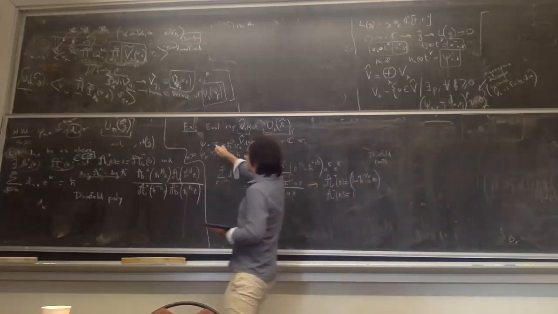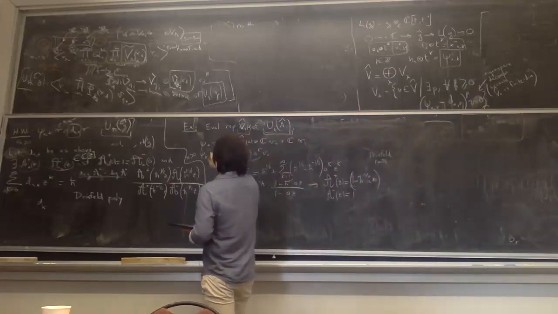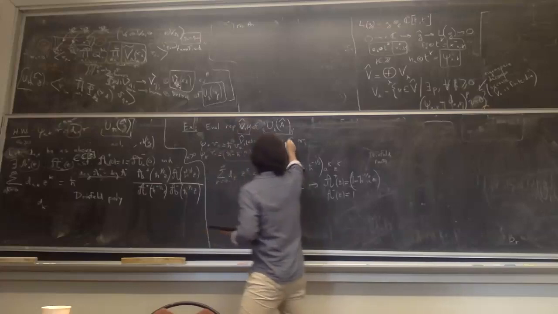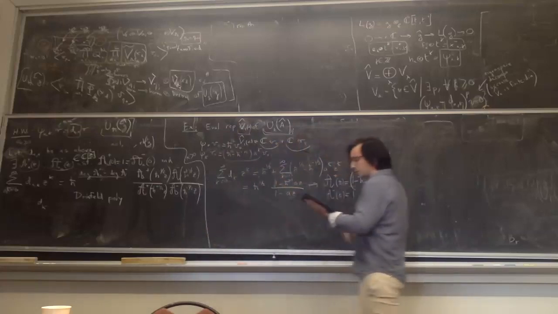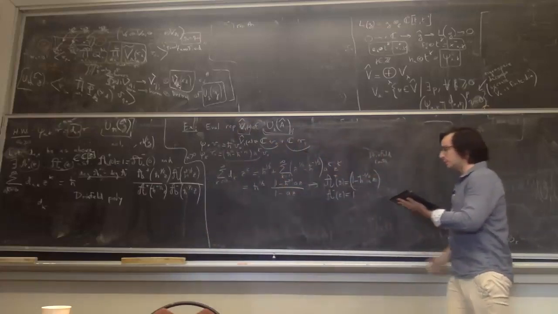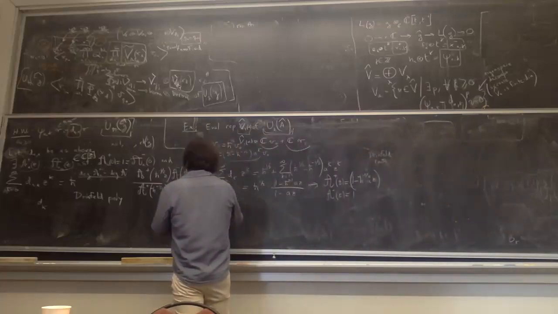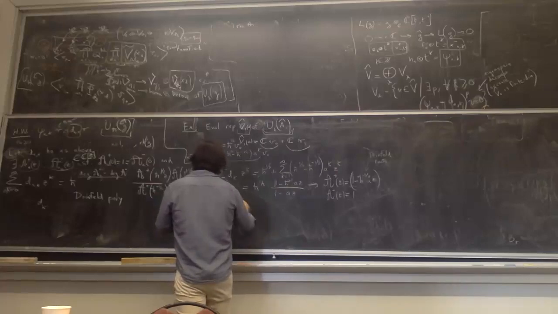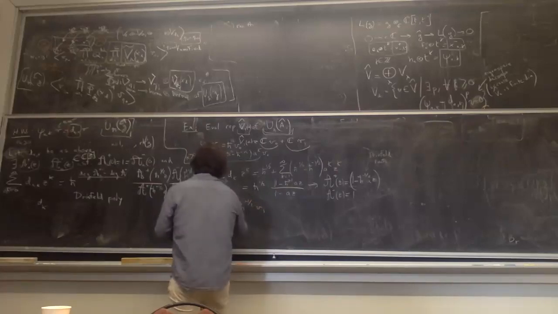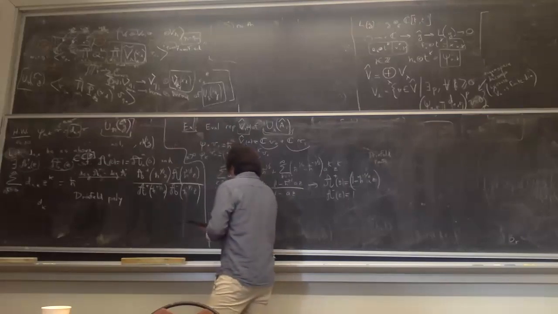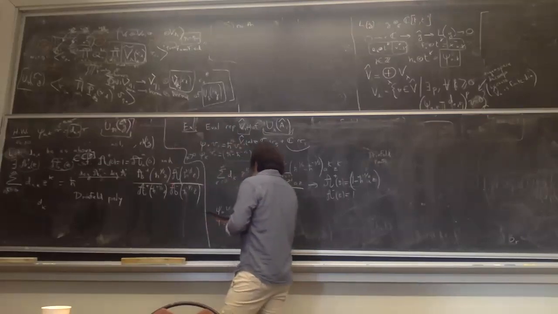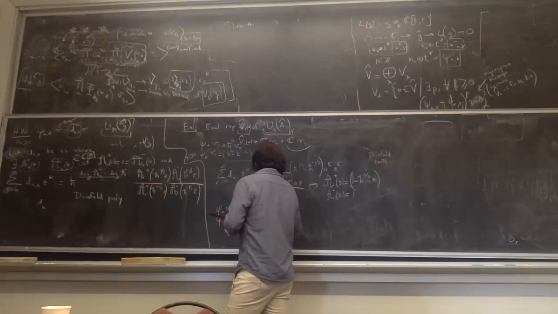You can redo the exercise for V1 for the lowest weight, and you'll find a similar example. If I do it explicitly very fast, if we now do psi 0 lowest weight, you get h bar to the minus 1/2 V1, and the other guys produce minus h bar to the minus 1/2.